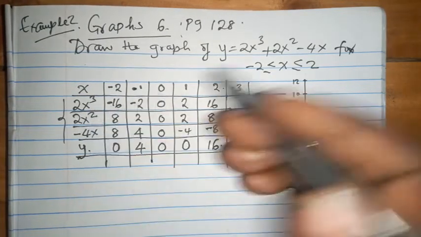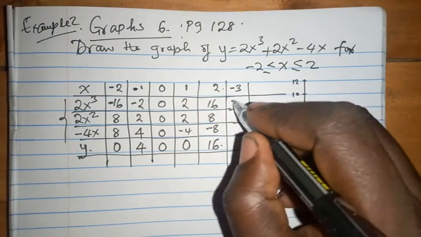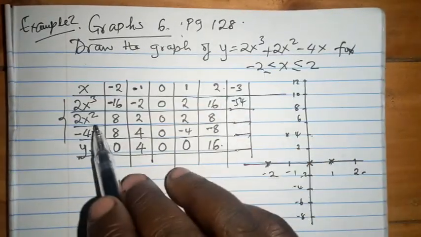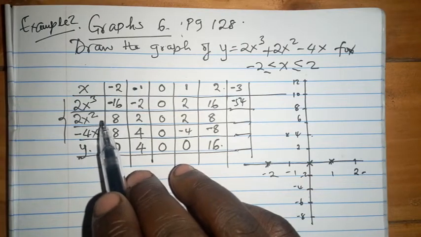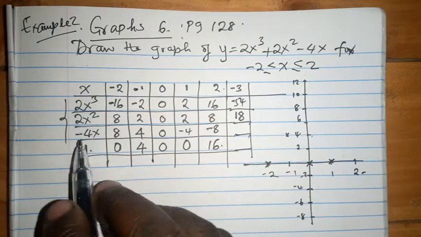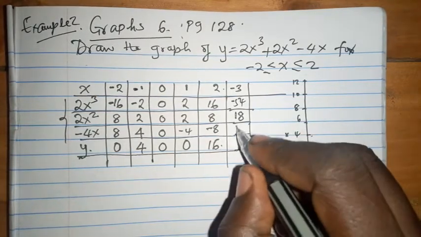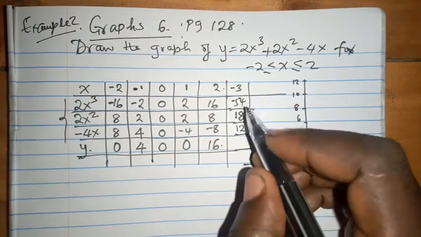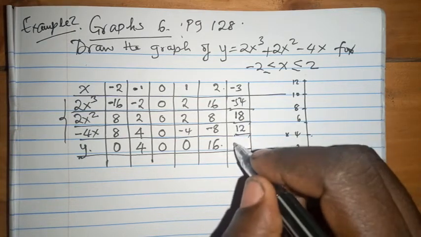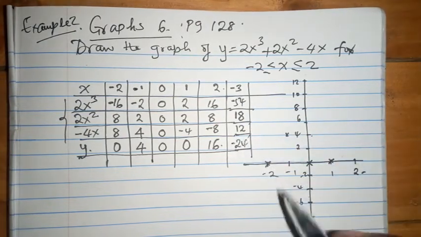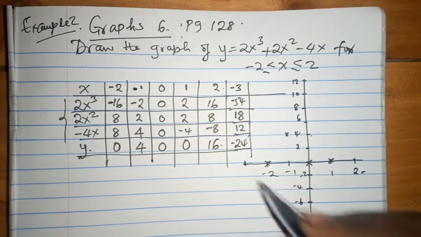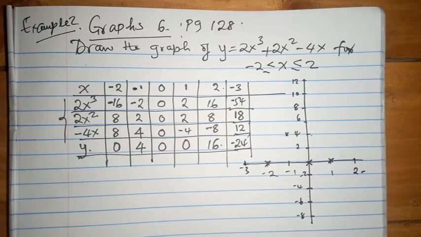Minus 27 times 2 is minus 54, and minus 3 squared is 9 times 2, which is positive 18, and minus 4 times minus 3 is 12, and this is 30, minus 54 is minus 24. So as x decreases, y also decreases in a great deal. So it's so far away.